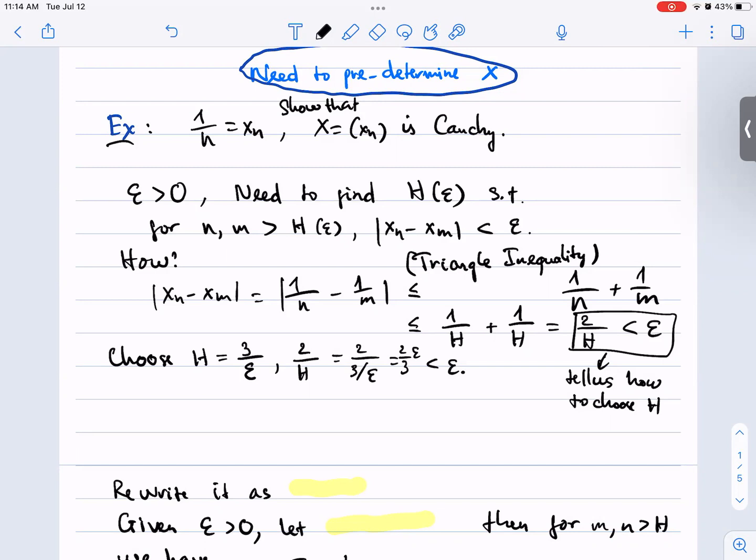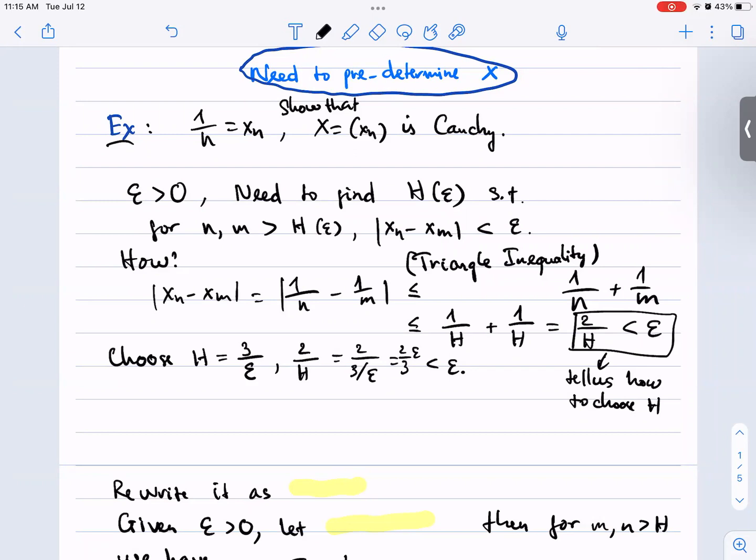This is the triangle inequality we discussed in the previous chapter. Then because n and m are bigger than h, 1 over n is smaller than or equal to 1 over h, and 1 over m is smaller than or equal to 1 over h. So together, they must be smaller than or equal to 1 over h plus 1 over h, which is 2 over h. And we would like to choose h so that this number is smaller than epsilon.